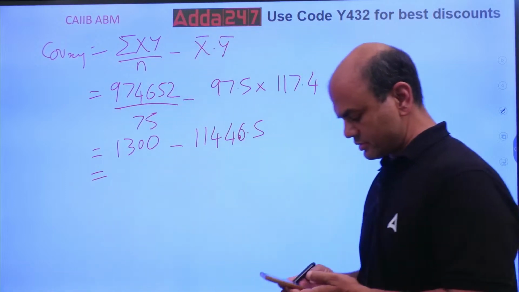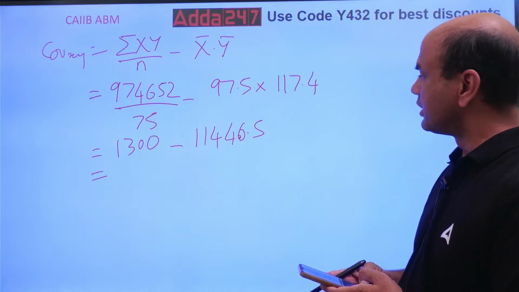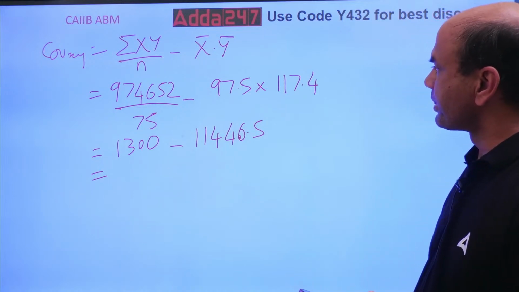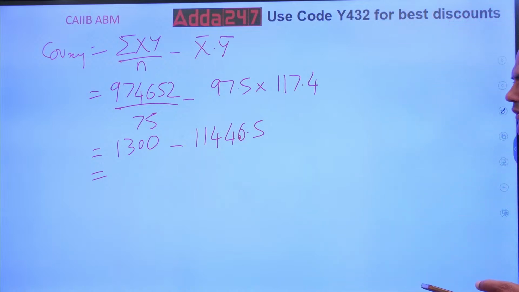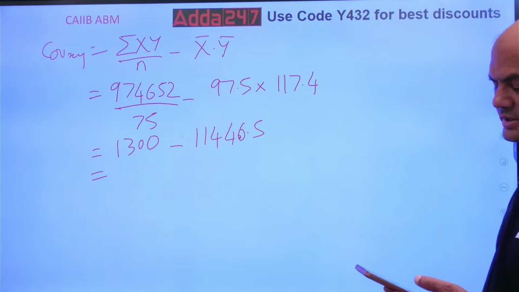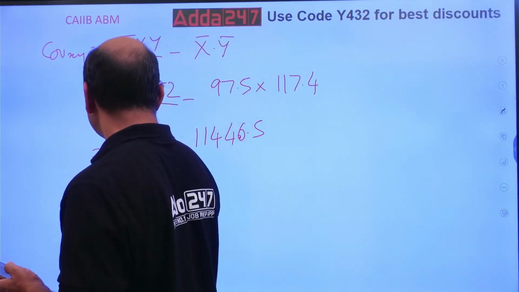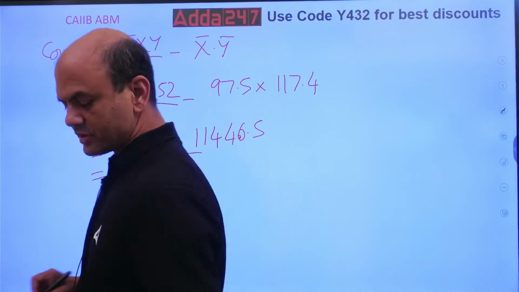So it is minus 1300. So you are getting 10146.5. So this is your covariance.